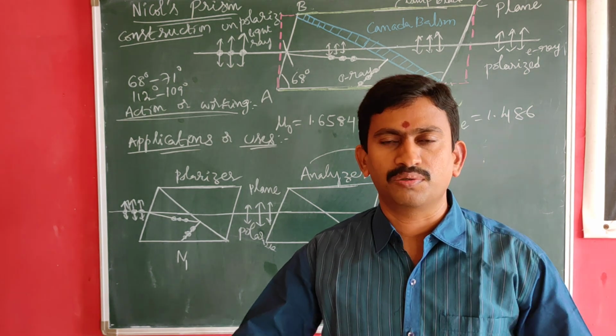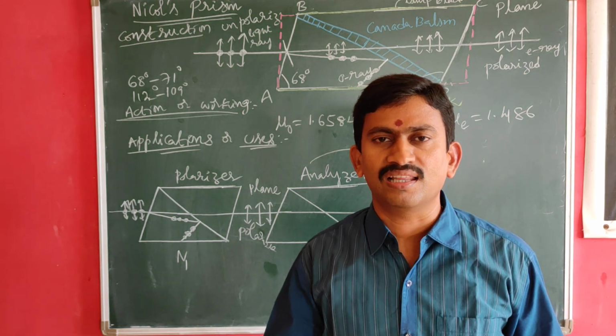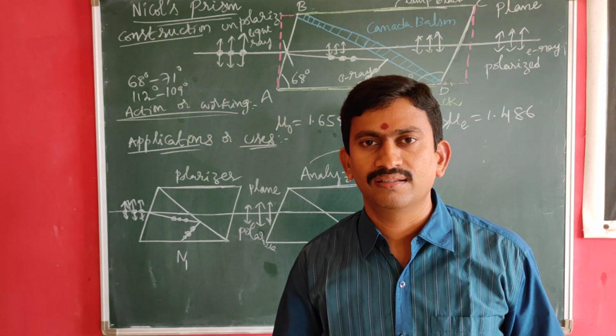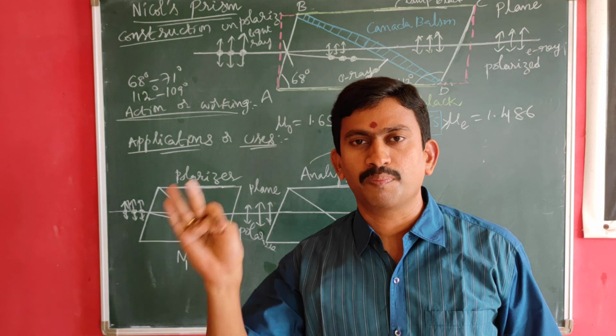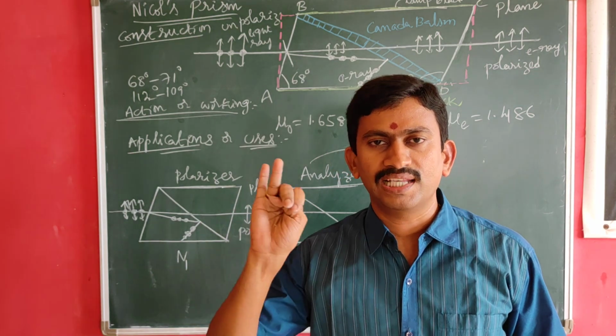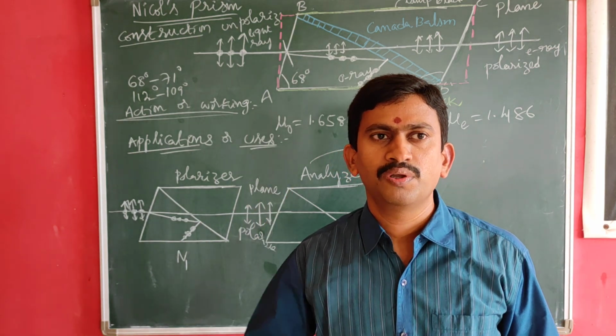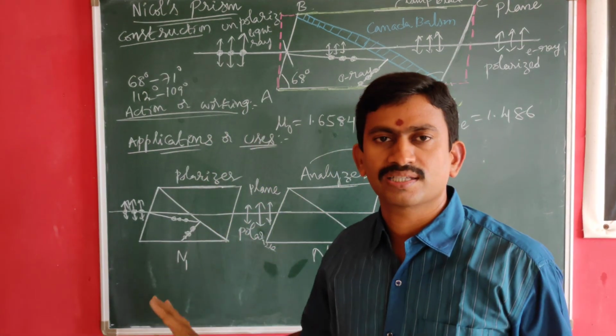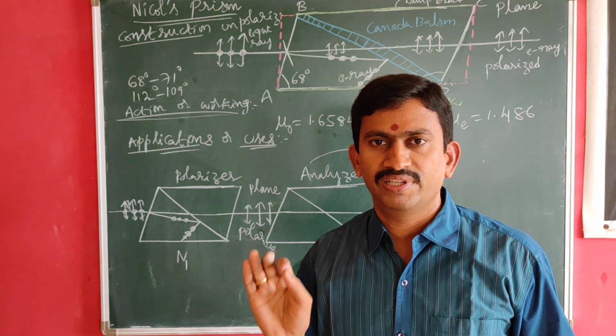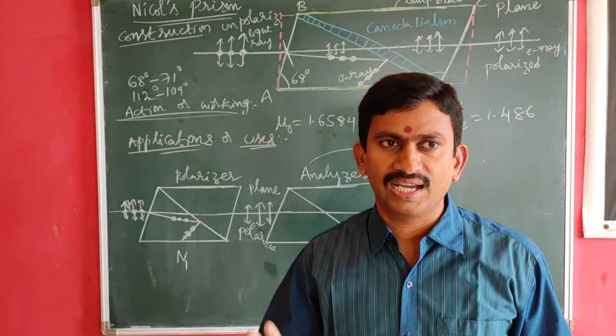In today's class, we discussed the nickel prism in detail. What is a nickel prism? How does it work? What is the principle of the nickel prism? What is the construction of the nickel prism? What are the applications of the nickel prism? All we discussed in detail with full-fledged clarity.